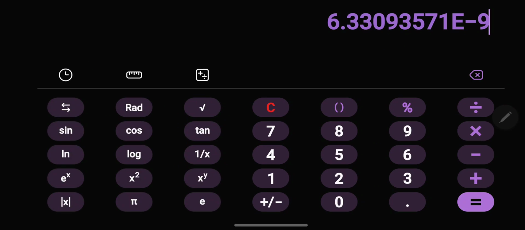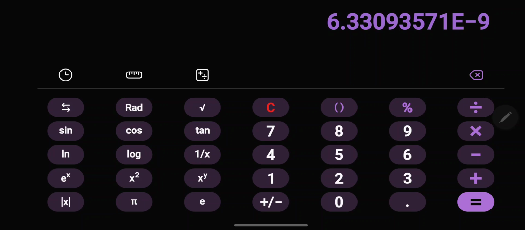Okay, this is better. So we'll see that we have 6.33. If we approximate, that will be times 10 raised to the power minus 9.